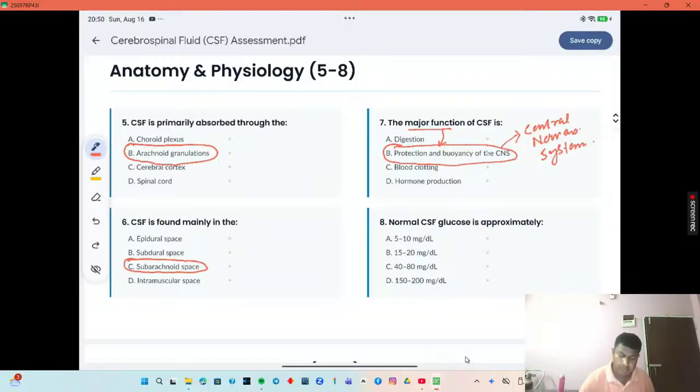So here the question is, how much glucose is present in cerebrospinal fluid in a normal human being? It is 40 to 80 mg per dl. The right answer of this question will be 40 to 80 mg per dl.